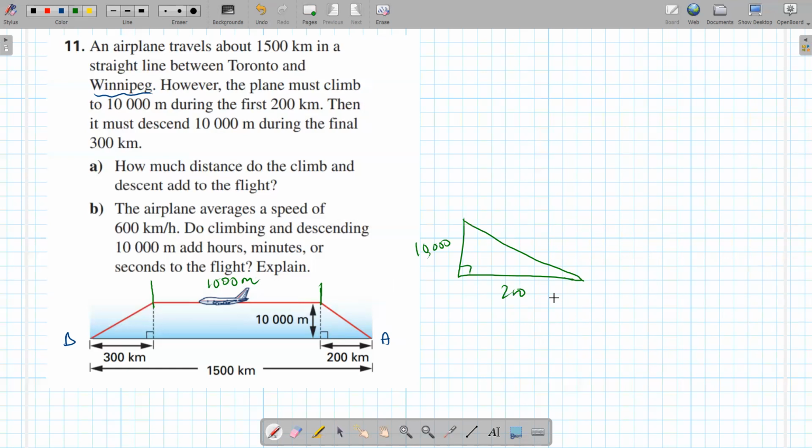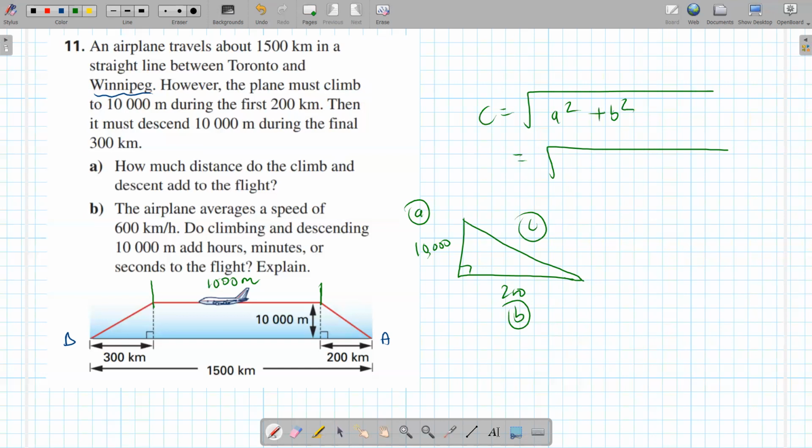Hypotenuse is always side C. Okay, A is 10,000, this is B. C is the square root of A squared plus B squared.